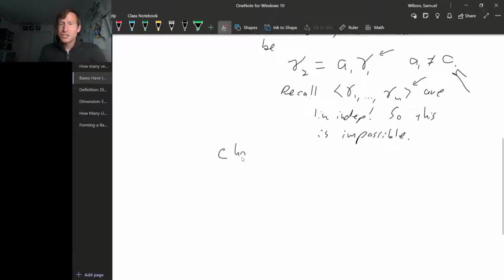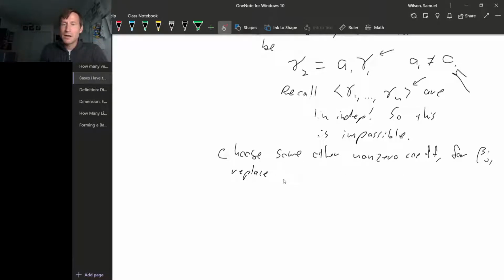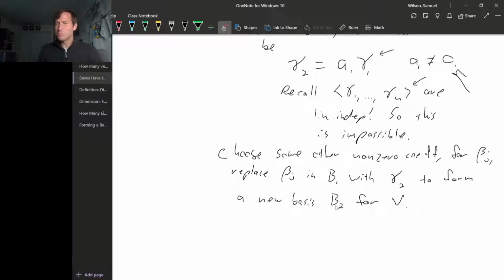So what we can do is choose some other non-zero coefficient, say for the coefficient for beta j, and replace beta j in our basis B sub 1 with gamma 2 to form a new basis B sub 2 for our vector space V. So B sub 2 is all of the betas except we've replaced one of the betas with gamma 1 and another one of the betas with gamma 2.